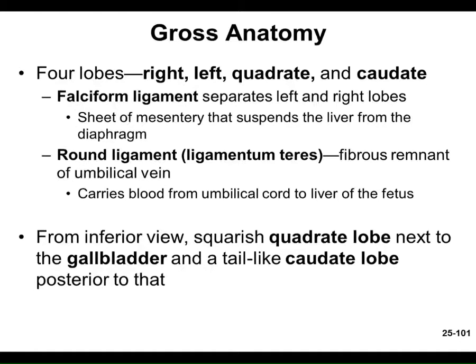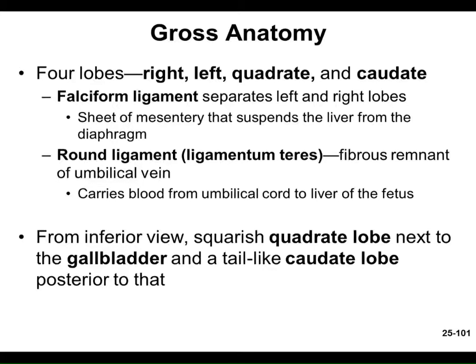Now there's a ligament. If you ever look at any model of the liver or look at the liver, you're going to see there's a very strong separation, almost like a tendon-like structure, that separates the left from the right. And that is a ligament. It's a sheet of mesentery that suspends the liver from the diaphragm. So it really is sort of holding it up and separating it.